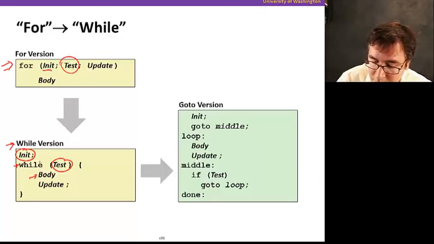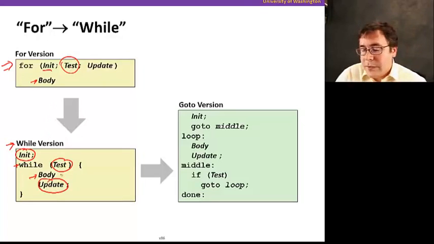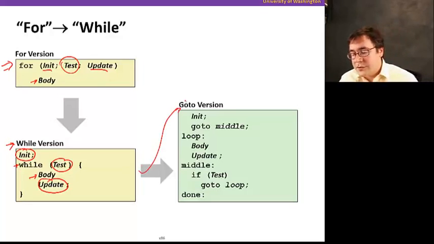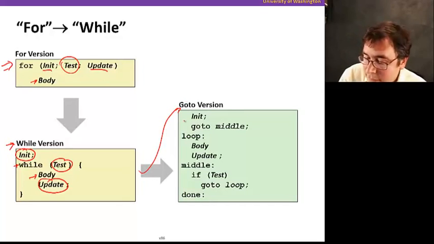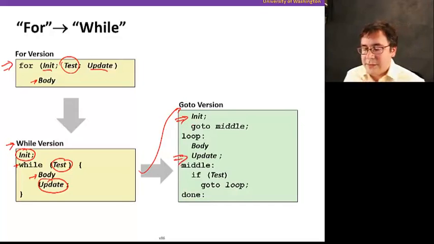We execute the body of the loop, and then right after the body, we execute the update for what we call the induction variable. And then from a while, we can again do the go-to version that we had before. Note that the main difference here is that now we have init and we have updates. That's the main difference between a for and a while loop.